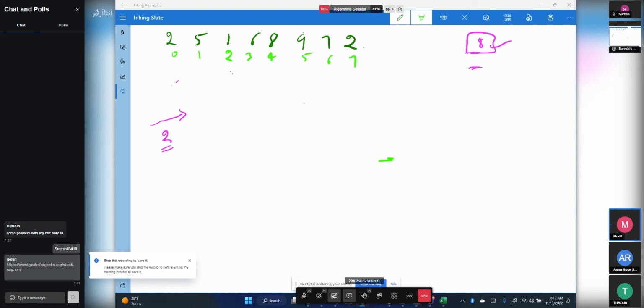Then we will continue this process. We go to the second index, 1, and the maximum number is 9 again, so the profit will be 8. So we will continue this till the end, and we will find whenever we are getting the maximum profit.